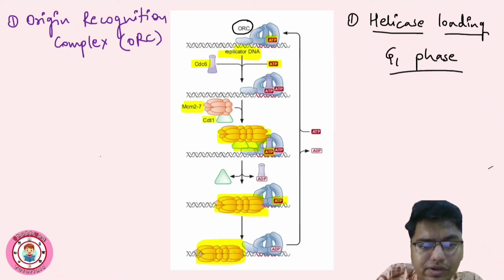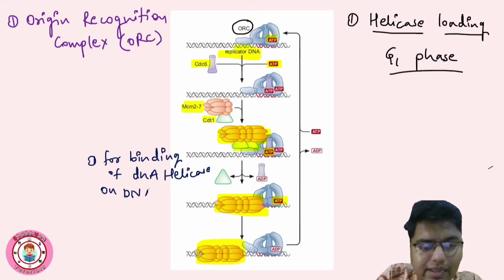So to understand this, what we can write in this step is that binding of helicase on DNA requires ATP hydrolysis.